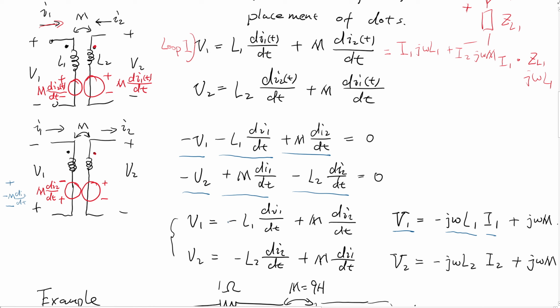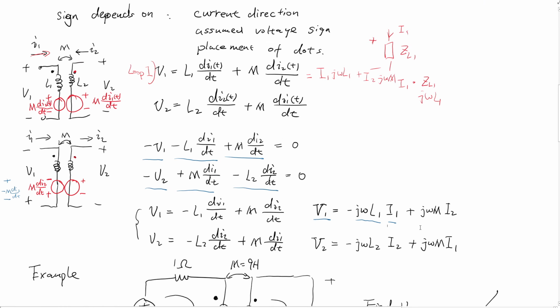Okay, and there is a negative sign here. Let me shrink it a little bit so you can see there is another term, which is this one. j omega M, you have to be very careful. This one is I2 because this is the induced voltage caused by I2. Then you have another equation for the secondary side.